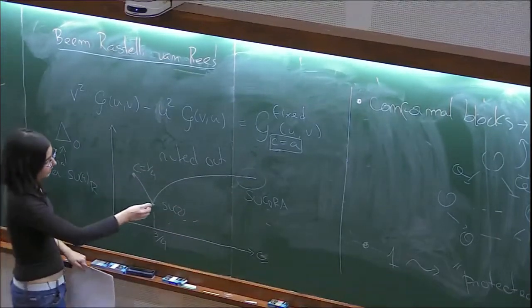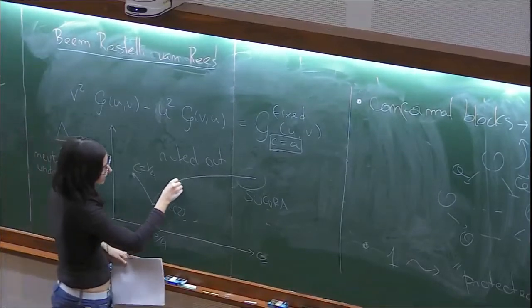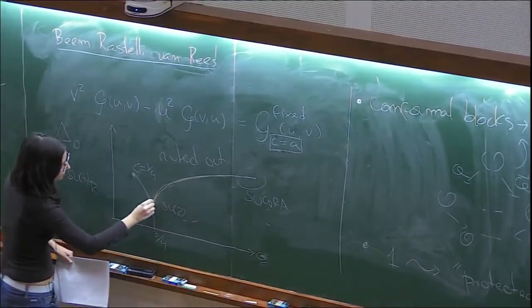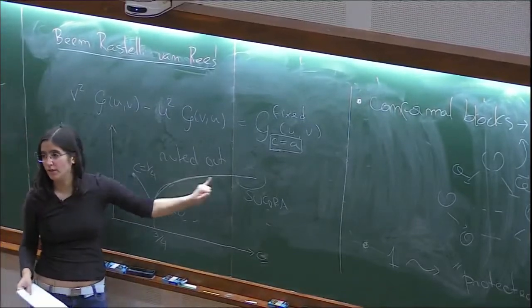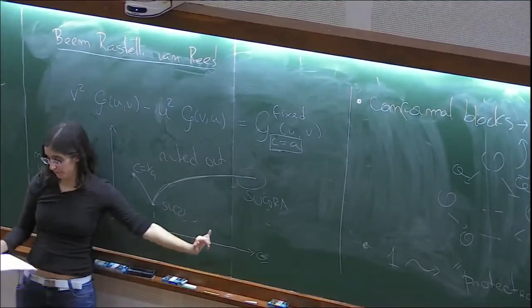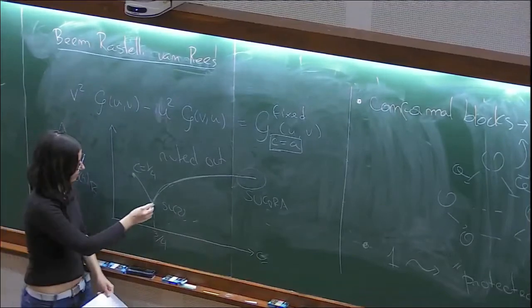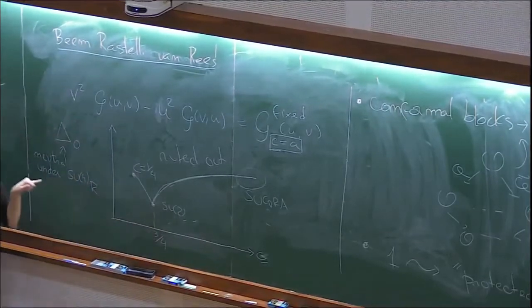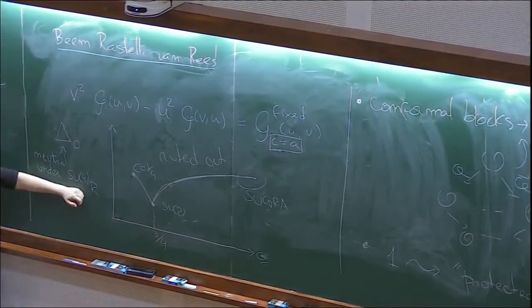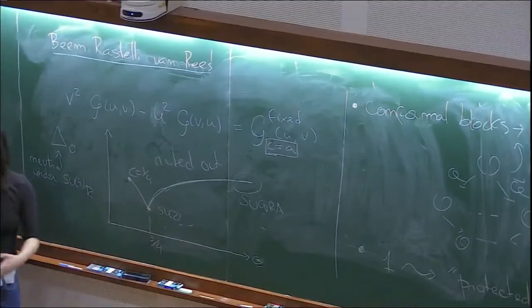So you can hope that also along this curve, the curve will be saturated by physical theories if you tune your central charge appropriately. In particular, this number should give you the first operator that appears in the OPE of 20 prime that is neutral under SU(4) R. So it should give you the Konishi.